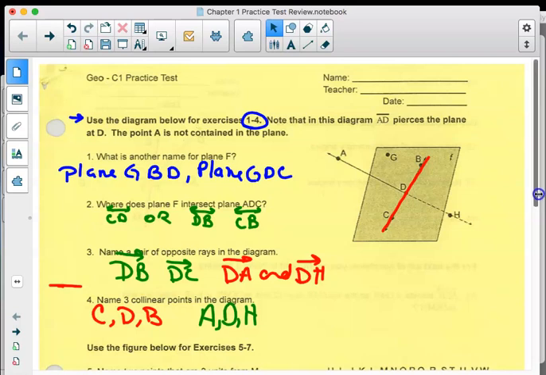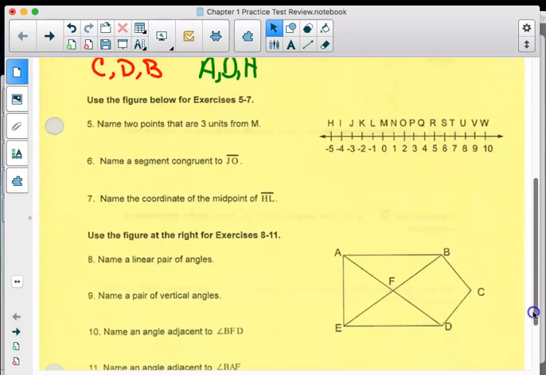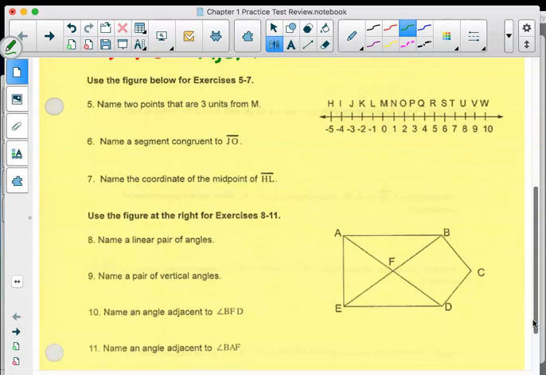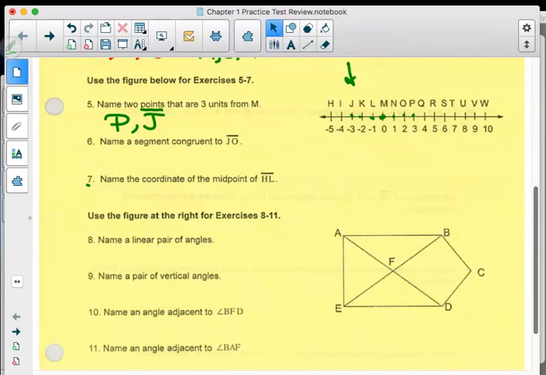Now in this next question, we have a figure for 5 through 7. So 5 through 7 is this one here. Name 2 points that are 3 units from M. Now points are letters. So 3 units from M: 1, 2, 3, I've got letter P. And 1, 2, 3, I've got letter J. So those are the letters that I have for points.